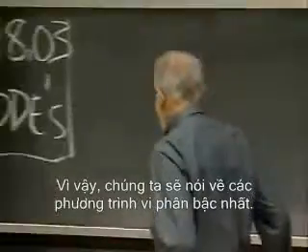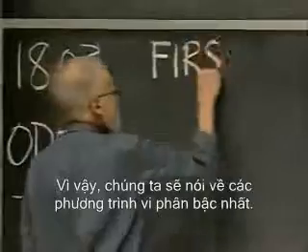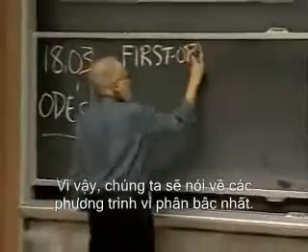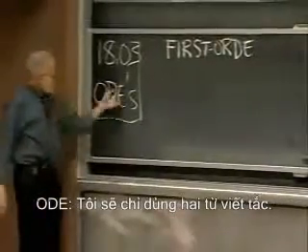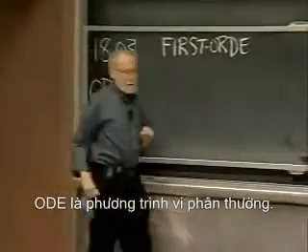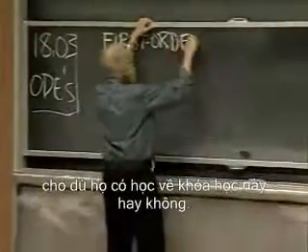So we're talking about first order ODEs. I'll only use two acronyms. ODE is ordinary differential equations. I think all of MIT knows that, whether they've been taking the course or not.